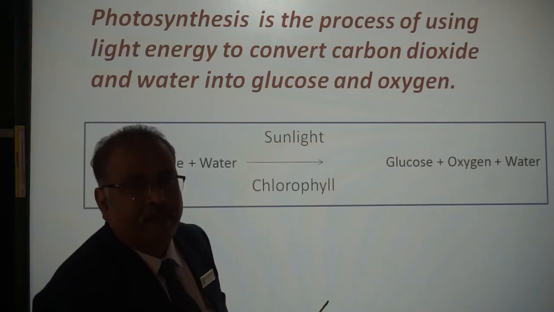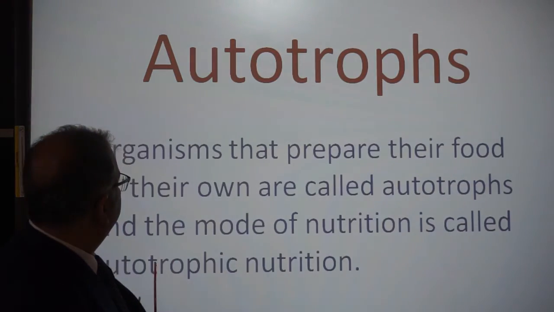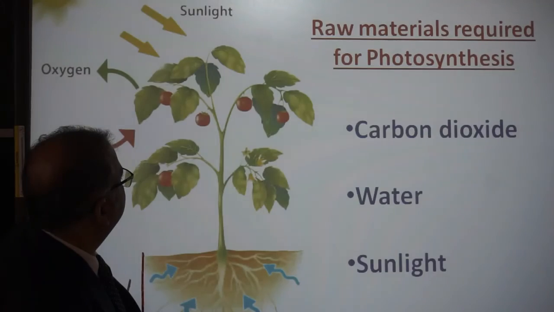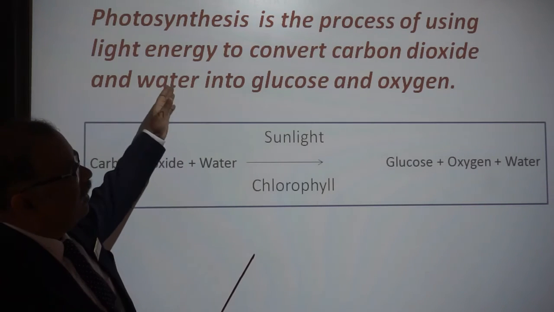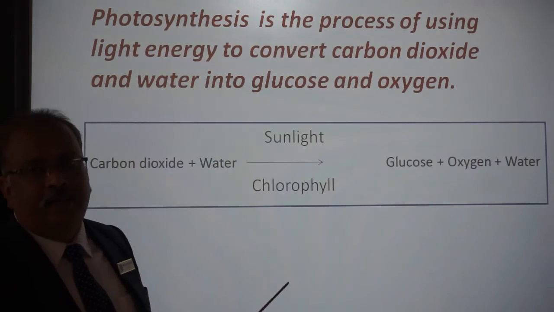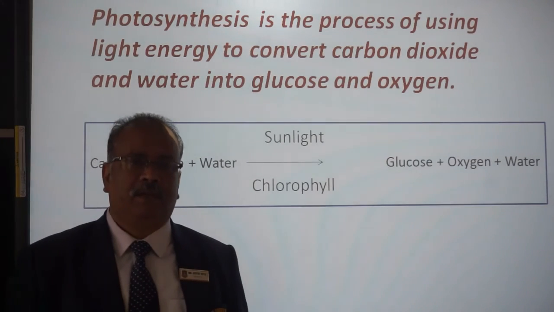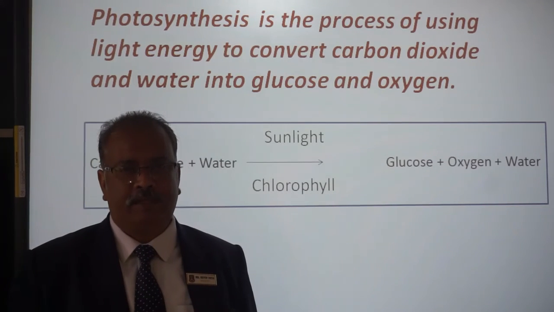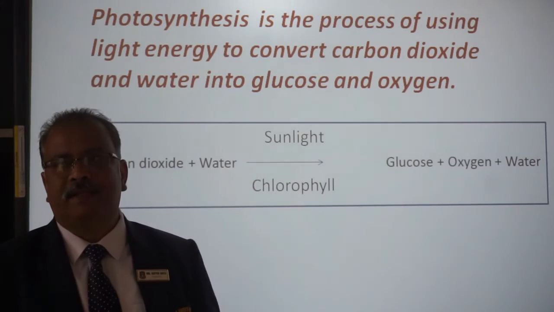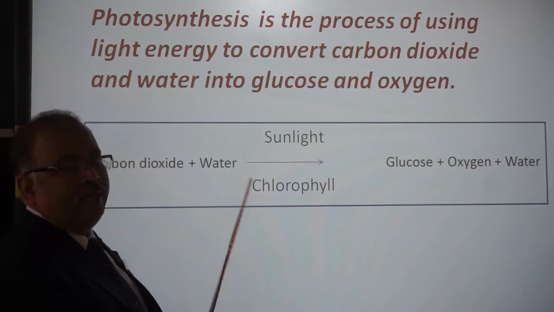This definition is there in your book also, and if you are looking for a simpler definition, it could be: photosynthesis is a process by which plants prepare their food with the help of carbon dioxide and water.